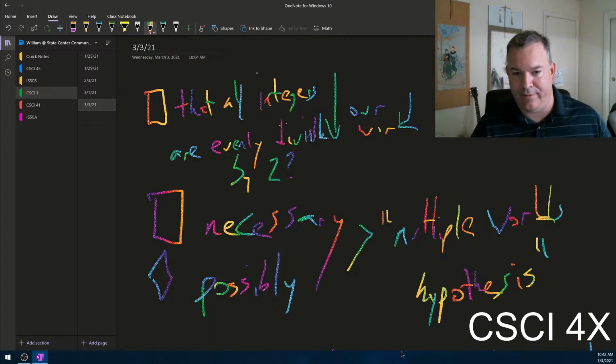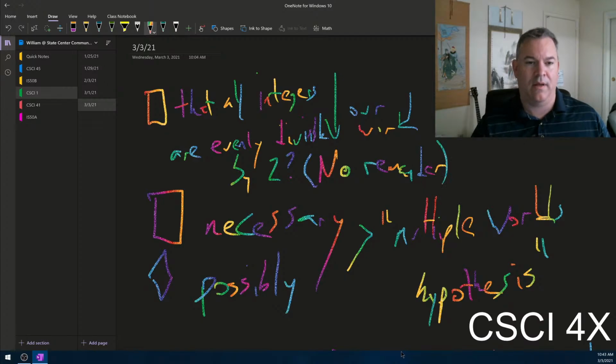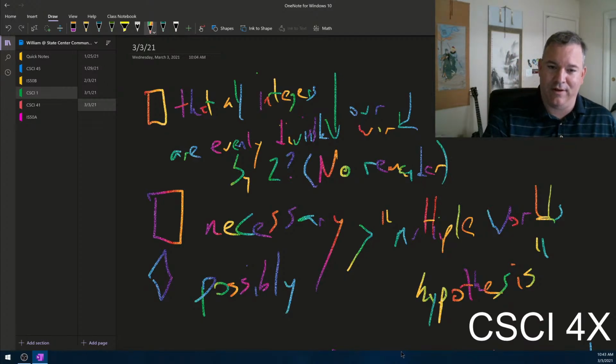In other words, no remainder. Is it necessarily true that all integers are evenly divisible by 2?